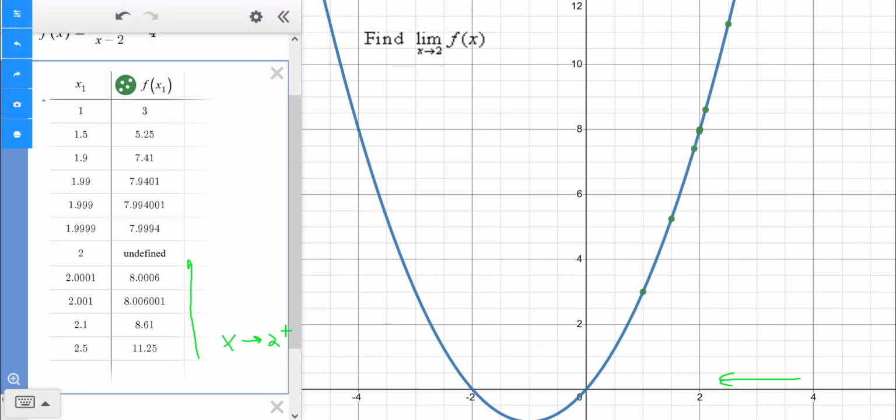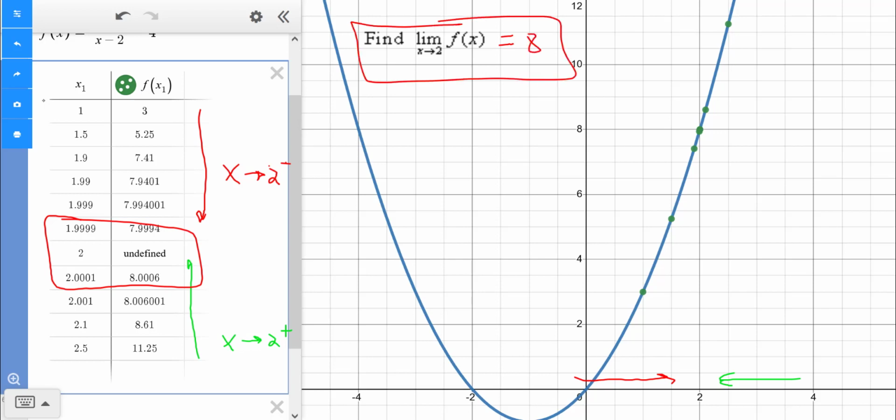If we approach 2 from this side, that would be these numbers here. x is going to 2 from the left side. But in both cases, on the left, we're getting 7.999. On the right, we're getting 8.006. So we can make a very good estimate and say it looks like this limit is equal to 8.